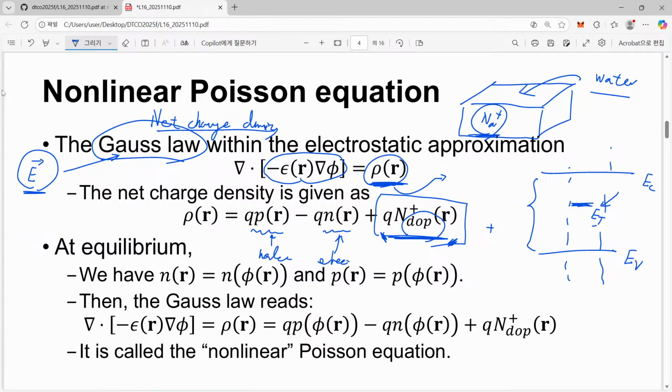A trap does not contribute to any kind of electronic conduction, because in real space its position is highly confined and localized.